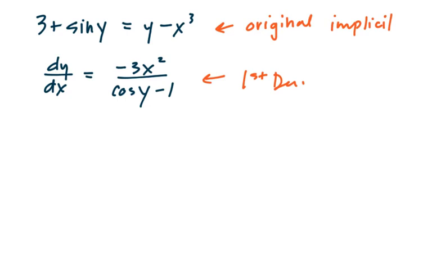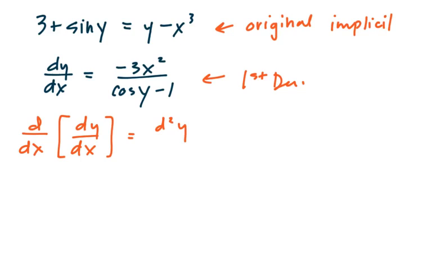So what we're going to be doing here is d dx of dy dx. Hopefully, thinking about it that way helps you see why we write d squared y over dx squared like that. It's part of our notation.